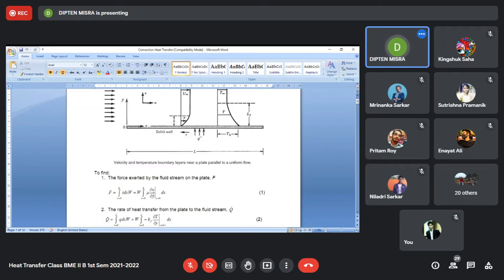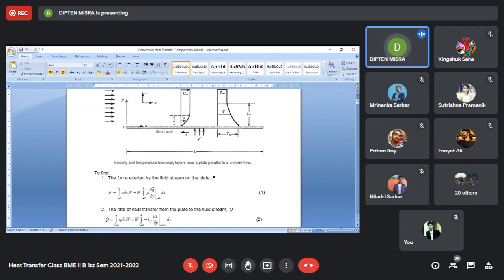Now the question is, how do you know the value of del u del y? Once you know the value of del u del y, then we can find out the velocity gradient on the wall. And once we know the velocity gradient on the wall, multiply that with the dynamic viscosity of the fluid to get the wall shear stress. And once you get the wall shear stress, you can integrate this with respect to x.